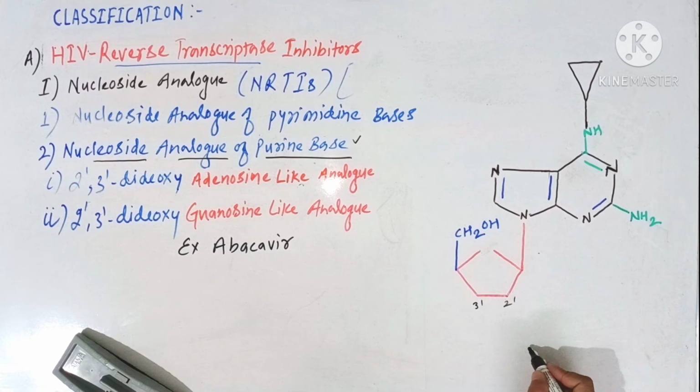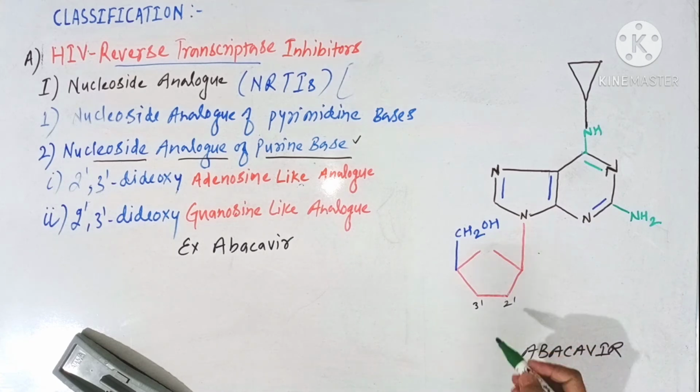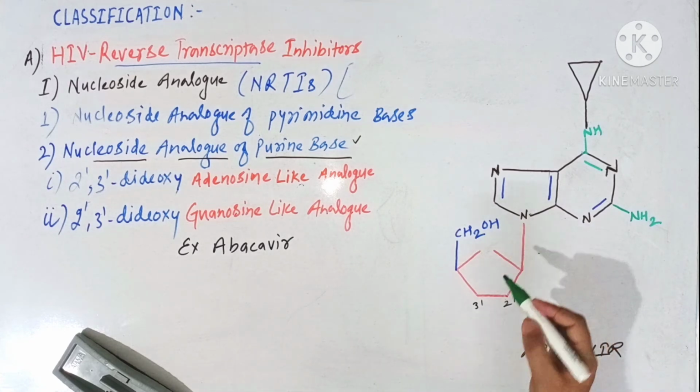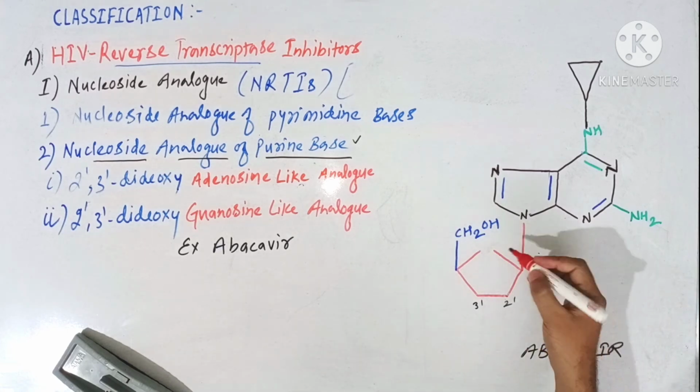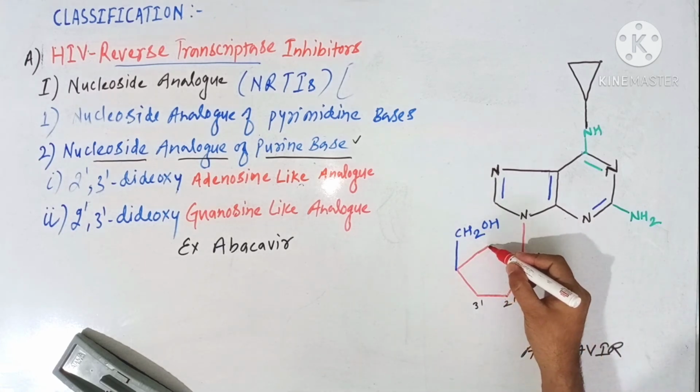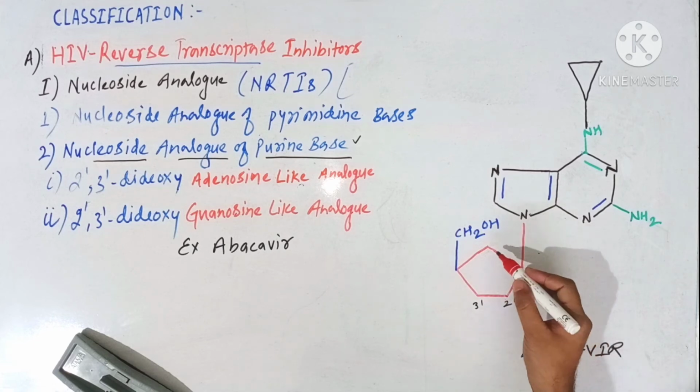The structure of Abacavir is this one. The important thing to remember in this structure is that there is no ribose sugar attached to this purine base.